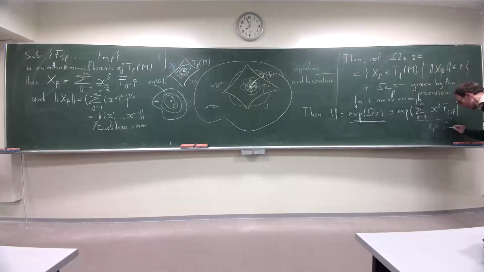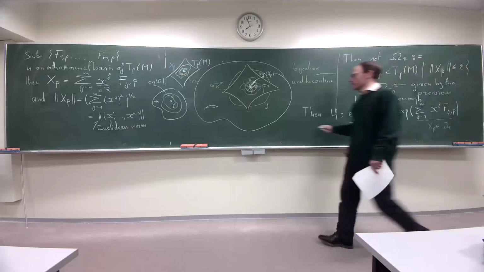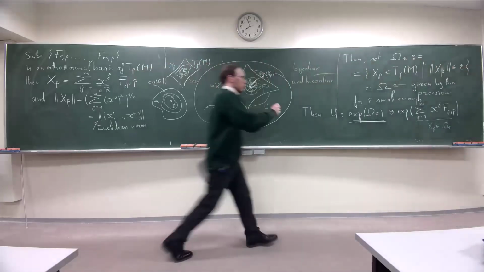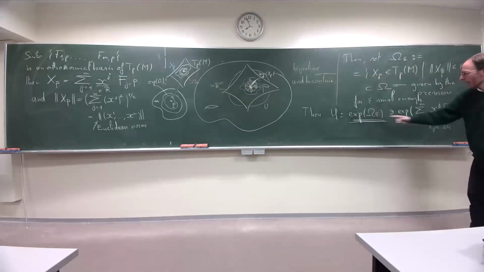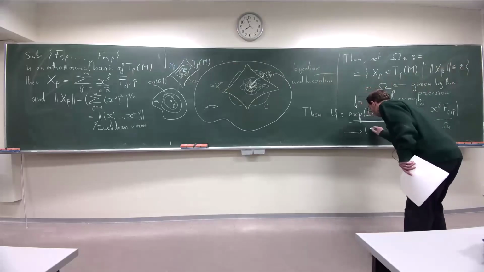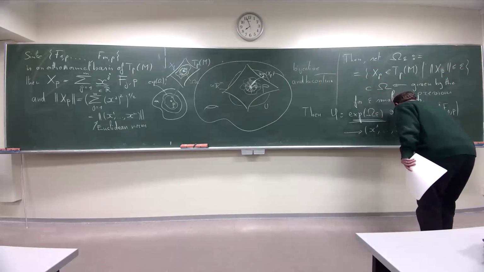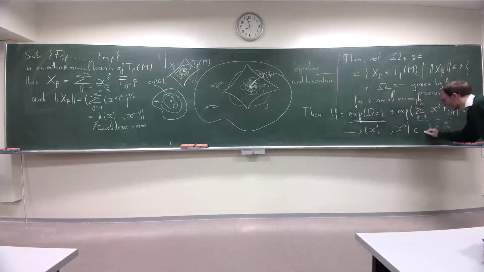I define phi, which takes any element of this form and sends it to the coordinates x1 up to xm, which is inside the ball centered at 0 of radius epsilon in Rm.